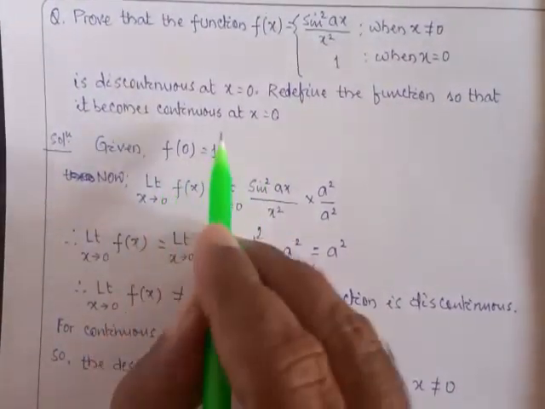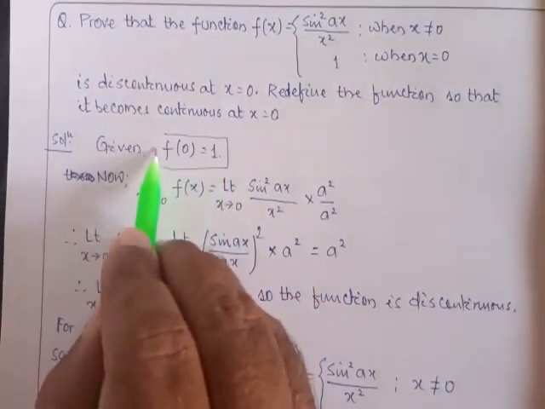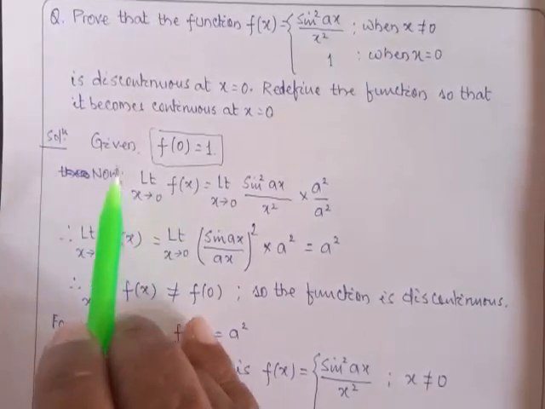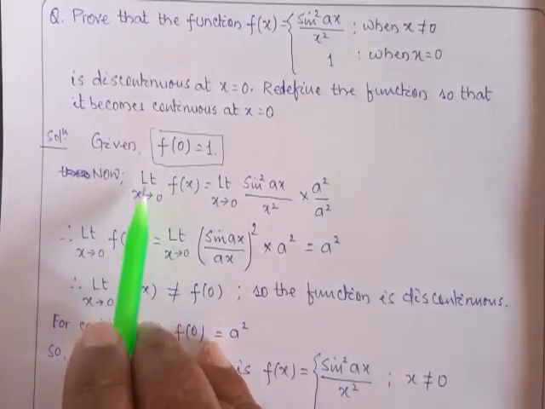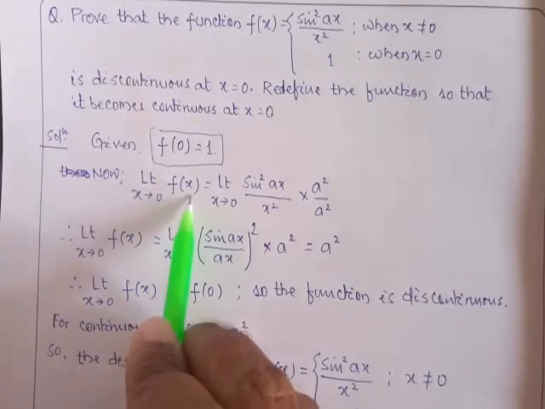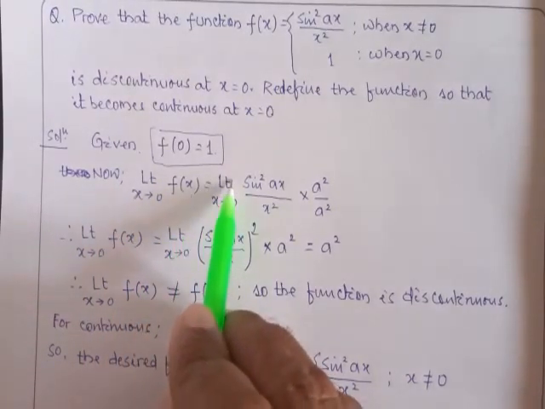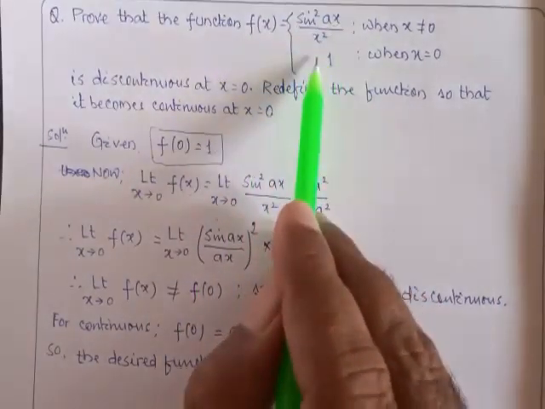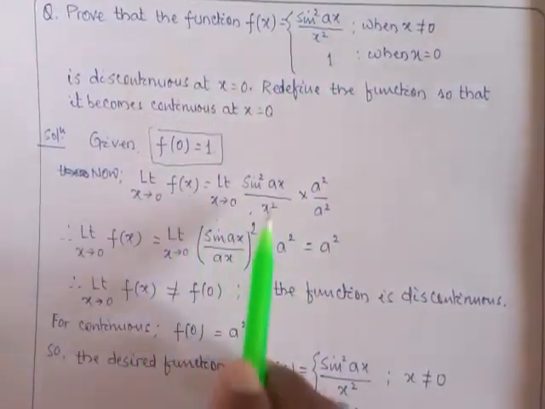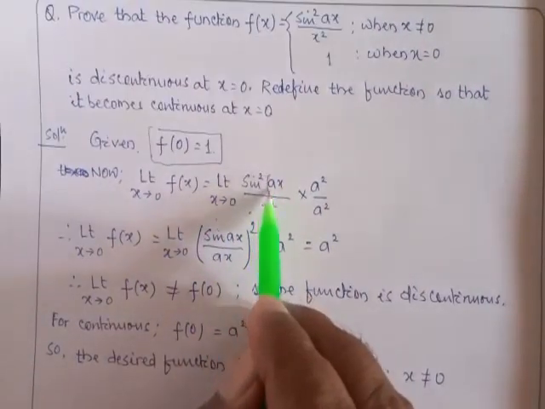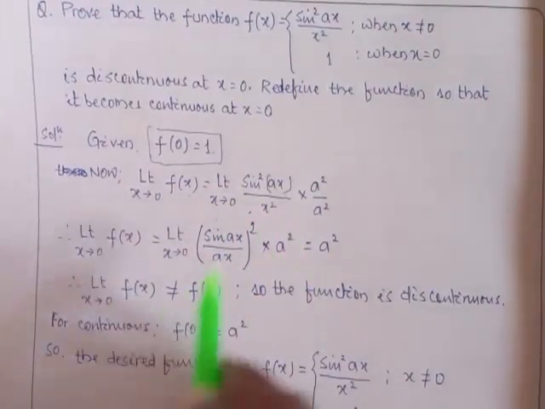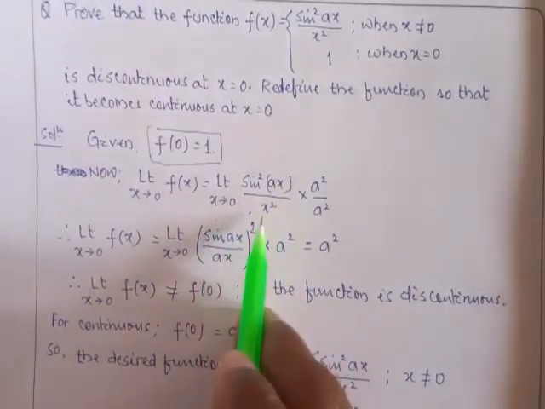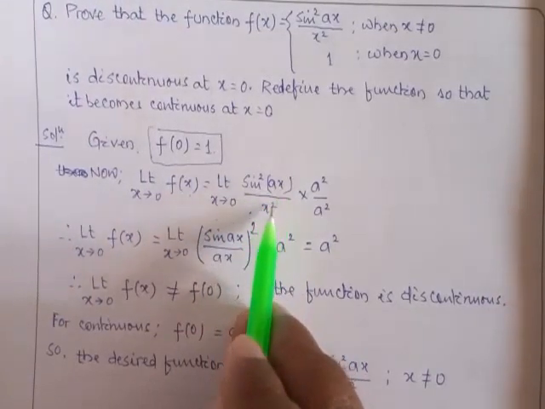Next calculate the limit. You already know the limit must exist. So limit x tending to 0 of f(x) is equal to limit x tending to 0 of sin²(ax) upon x². Here the angle is theta and sine is also squared, so the denominator should also be the same, meaning x² is here, but a² should also be here.